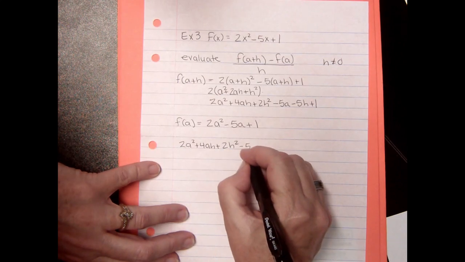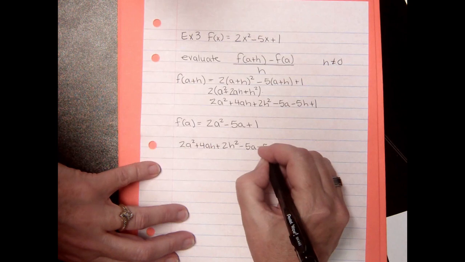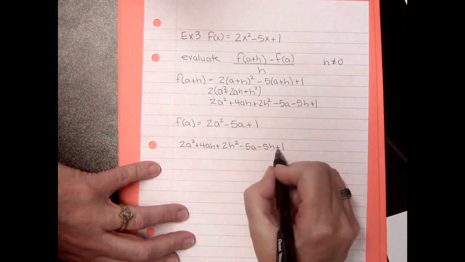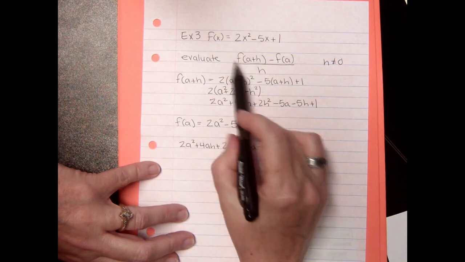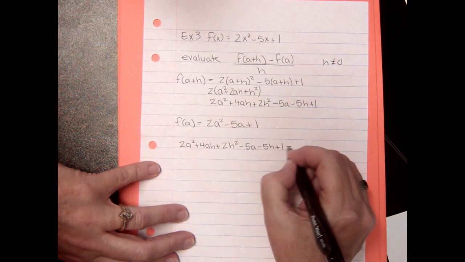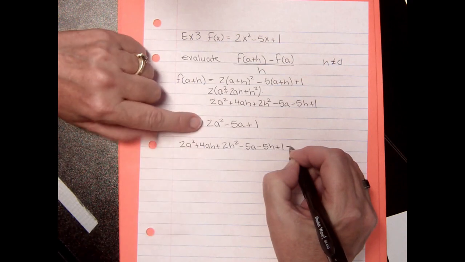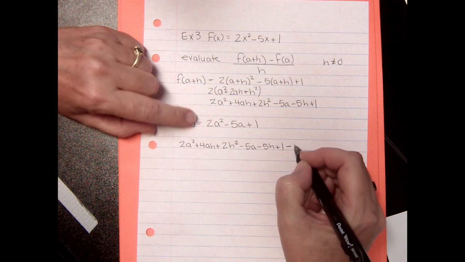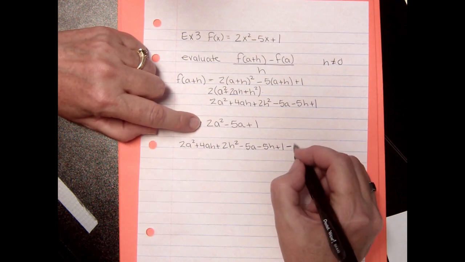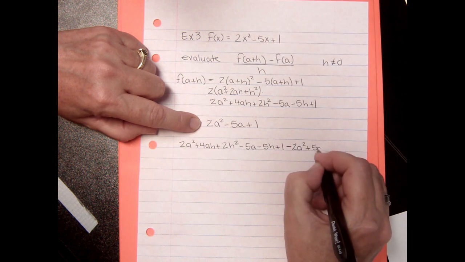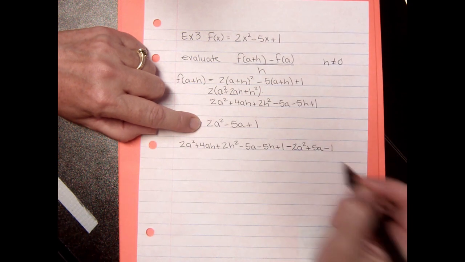Minus 5a minus 5h plus 1. That's only the first part, right here. Then I'm going to subtract, so I have to remember to distribute the negative. I'm going to subtract this second f of a. So it's going to be now the opposite signs. Minus 2a squared plus 5a minus 1.